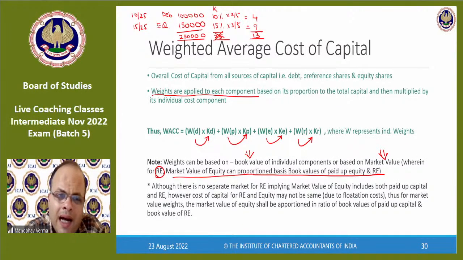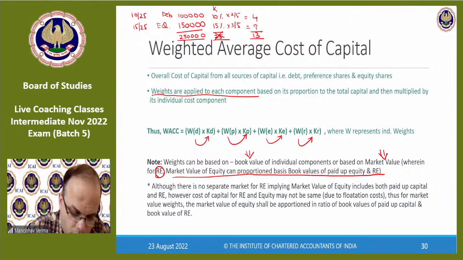I would not say that you will be posed with a situation where you have to take your own call and write an assumption. If at all there is something, then definitely you need to mention your assumption that you are taking these weights. But more or less, it will be guided to you in the question itself. I hope that is okay to everyone.